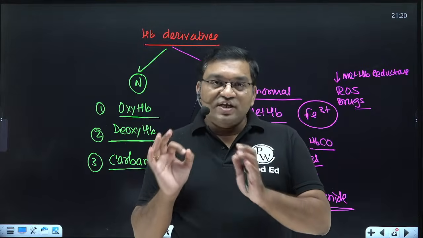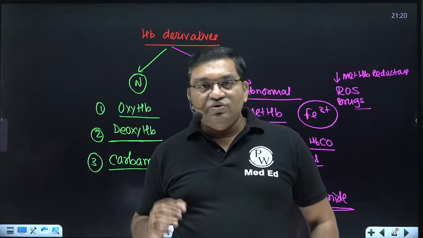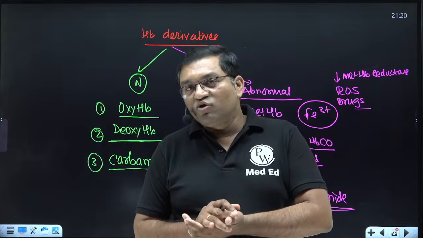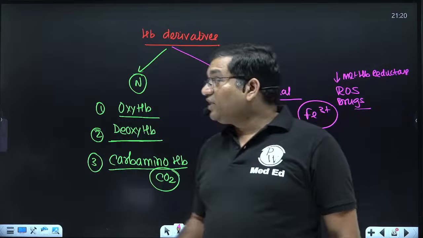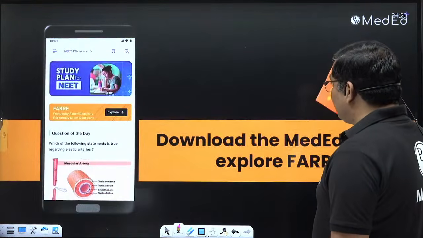Normal hemoglobin: hemoglobin A, hemoglobin F, glycated hemoglobin, hemoglobin A2.